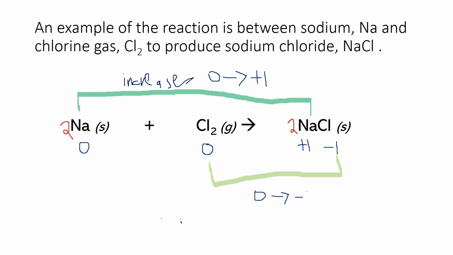So berlaku reduction reaction terhadap chlorine. So that is this reaction is a redox reaction? The answer is yes, because oxidation. Okay, this is a redox reaction because oxidation and reduction occur in one reaction. Okay.